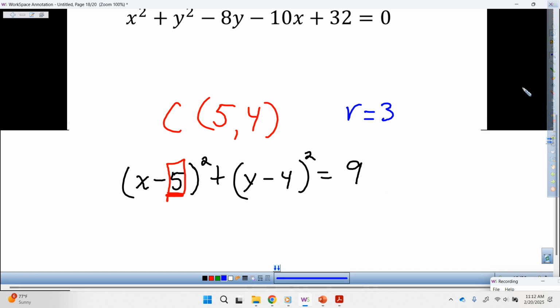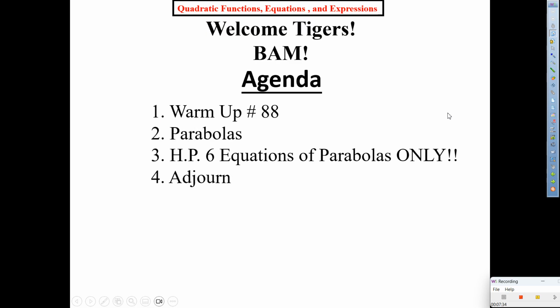All right. So, copy the agenda, please. Warm-up 88, parabolas. Tonight's home play, 6 equations of parabolas only. Notice it doesn't say graphs, just equations.